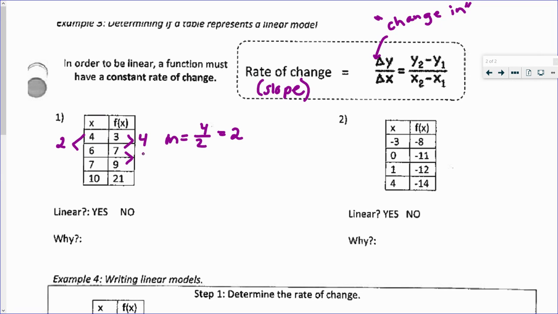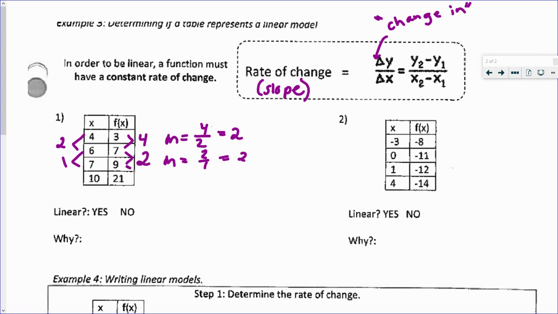From 7 to 9, y increased by 2. So at first your brain might be saying, I don't think this is linear because these two numbers are different. But if we look, x only went up by 1. So the rate of change here is 2 divided by 1, which is 2. So actually, so far, this is linear.